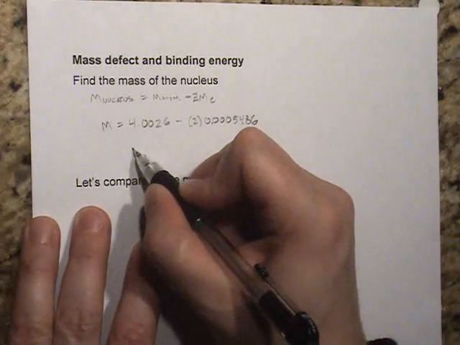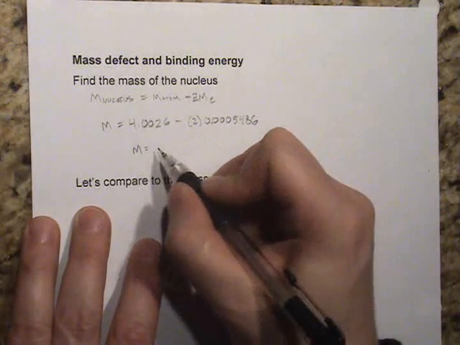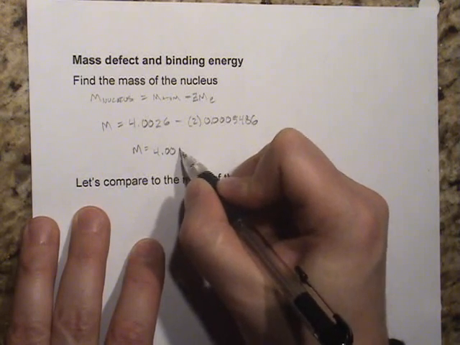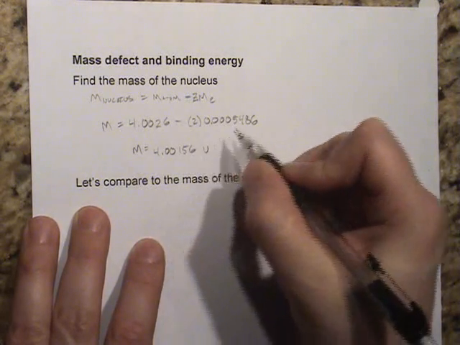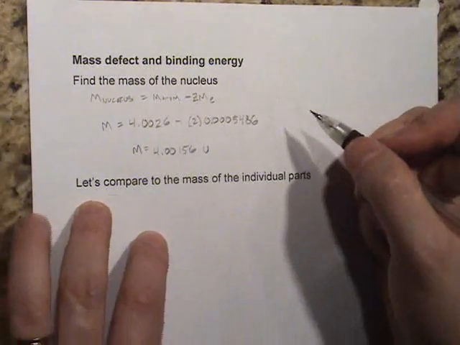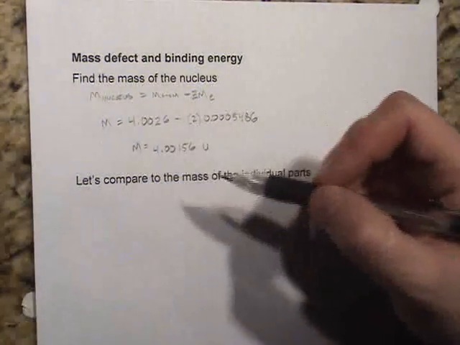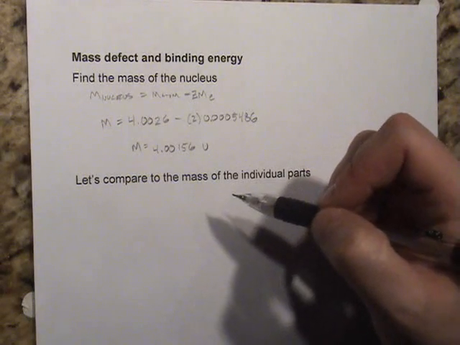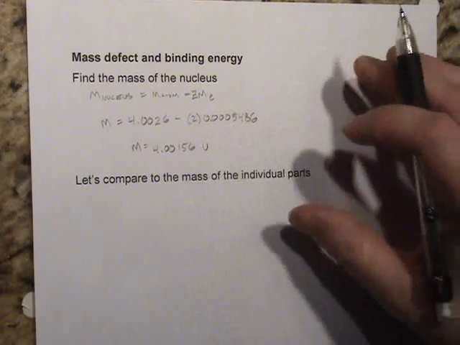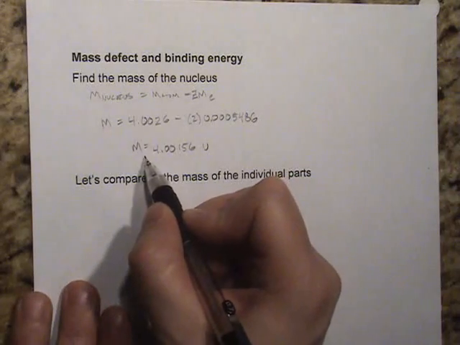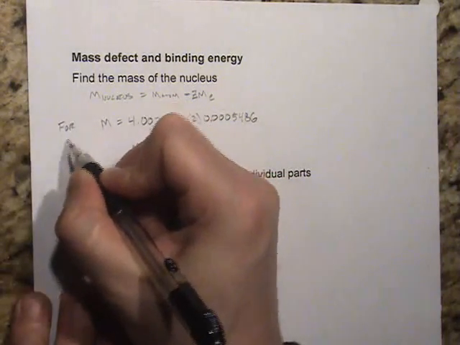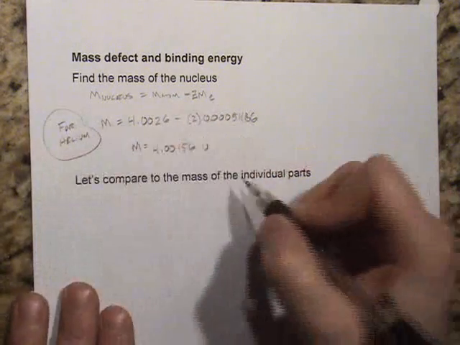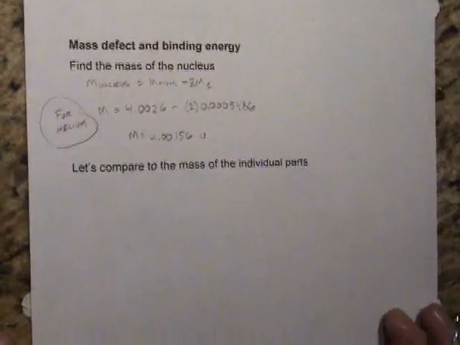And in this case, we find that we have a mass for the nucleus of 4.00156 U's. Now notice all these numbers were in terms of U's. So now that we've established that atomic mass unit number, we're going to continue to make all of our calculations in terms of that unit. Okay, so this is the mass of the helium nucleus as an example. So let's make sure that we label that. This is for helium. So we have the mass of the helium nucleus.